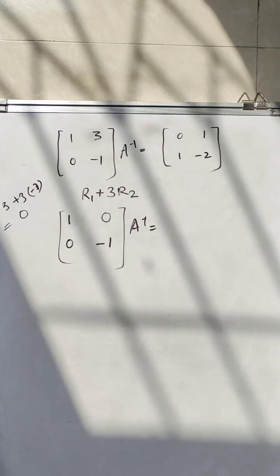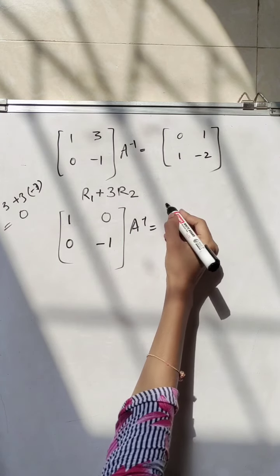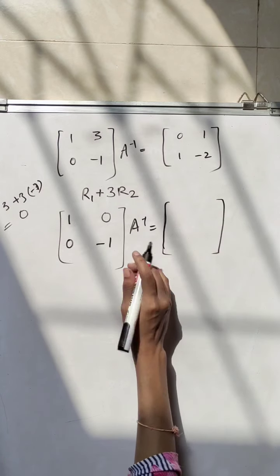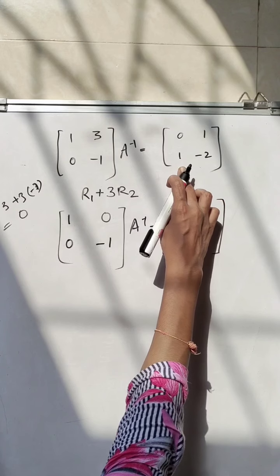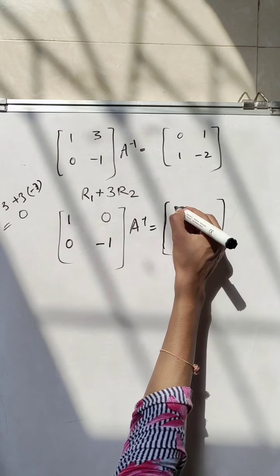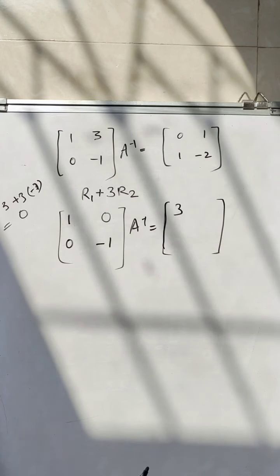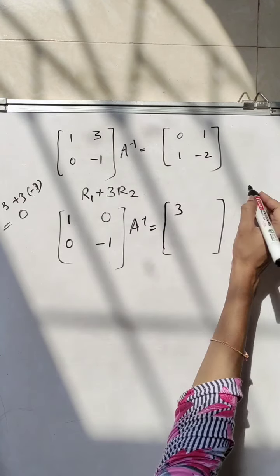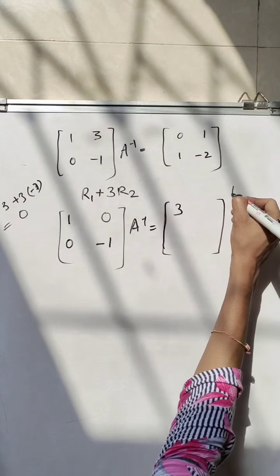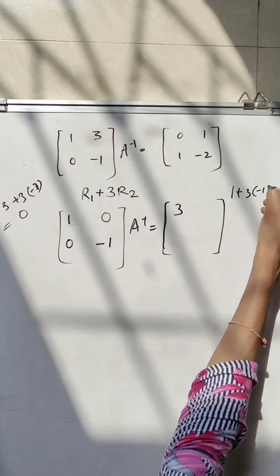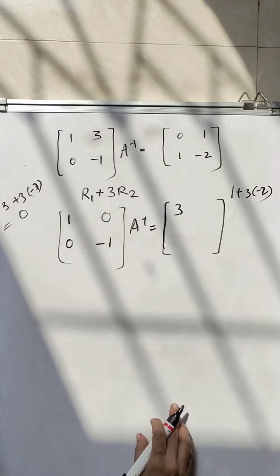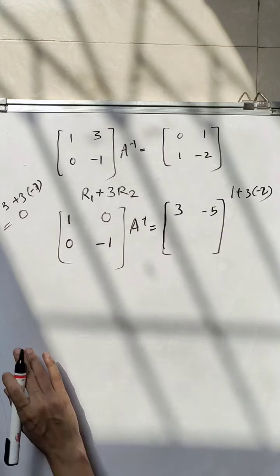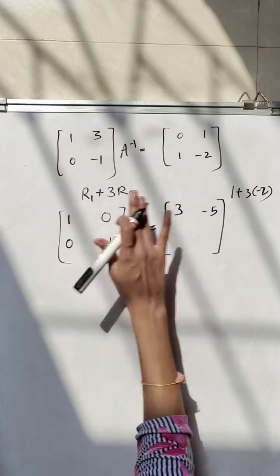A inverse as it is equal to 0 plus 3 into 1, it's 3, and 1 plus 3 into minus 2, which is 1 minus 6, minus 5. These are the rough calculations.